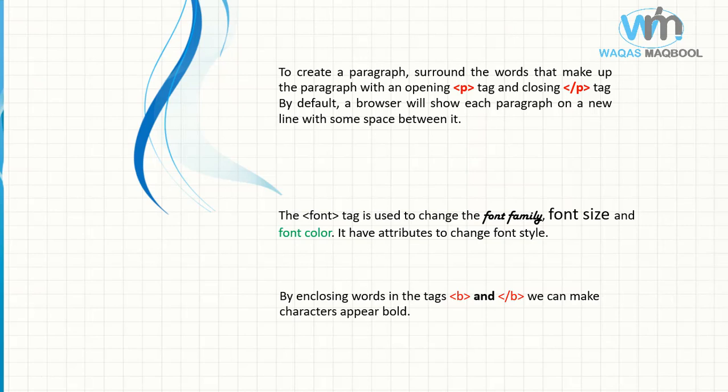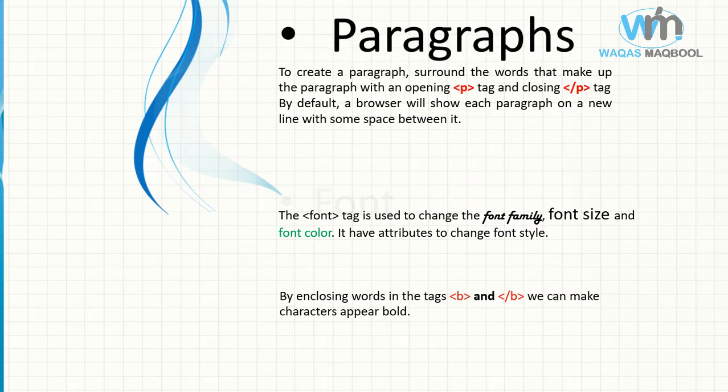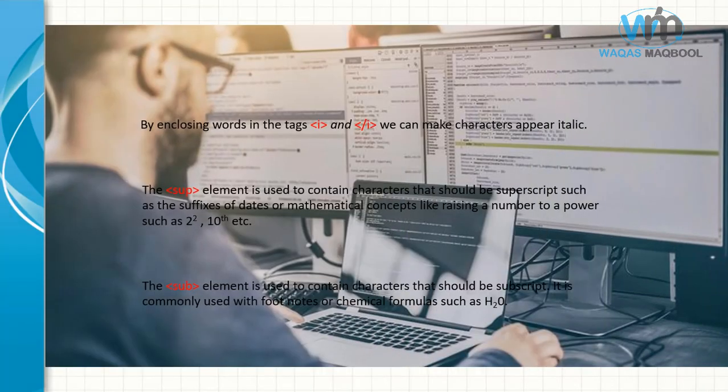When we add the B tag between this paragraph, the text between these two tags will appear bold. By enclosing the word in the I tag and its closing tag, we can make the characters appear italic.